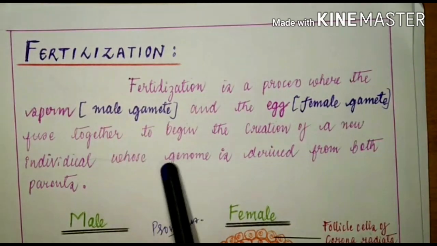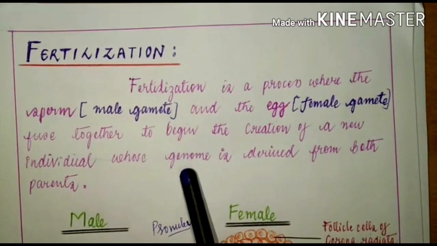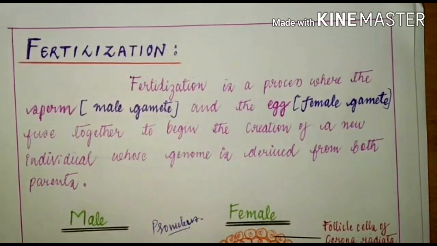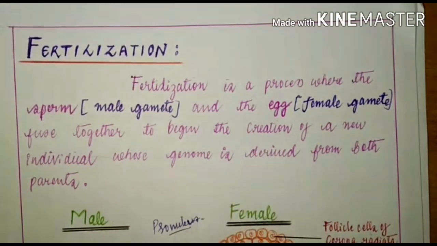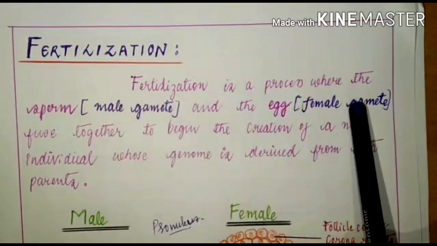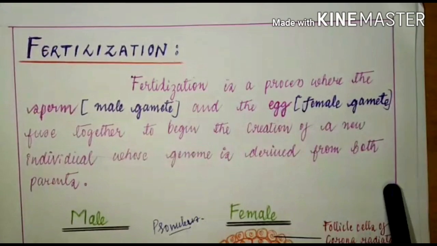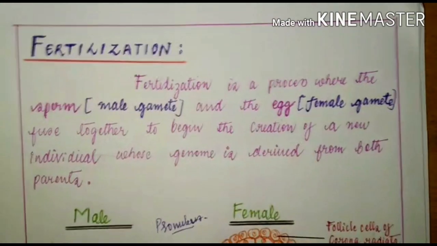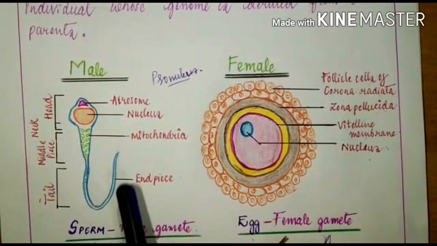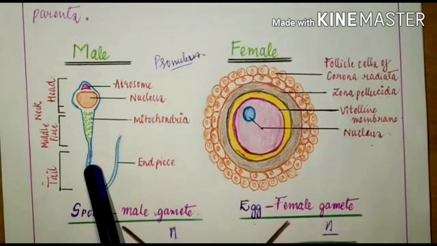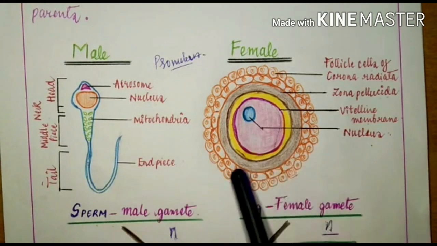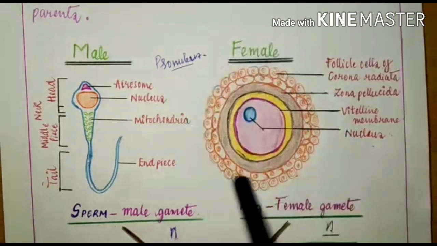So what is genome then? Genome is nothing but the genetic makeup of an organism, right? The genome of the zygote will be derived from both the parents. This is how we can define fertilization. So here we have the structure of the male gamete and also the structure of the female gamete.